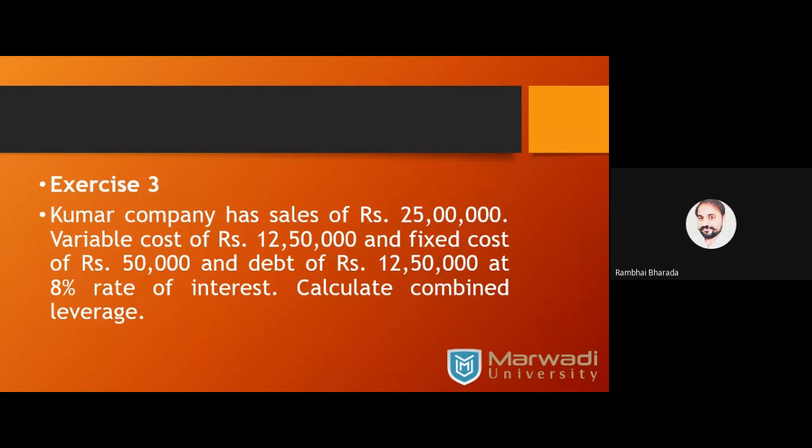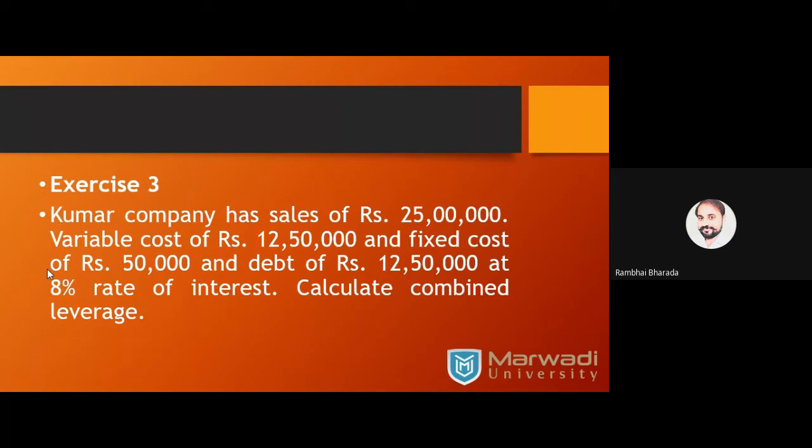What is asked here? Only combined leverage. But whenever leverage is asked, we calculate all 3 leverages. First we calculate operating leverage, then financial leverage, and then we go for the calculation of combined leverage. So first we write operating leverage. Can you tell me the formula?